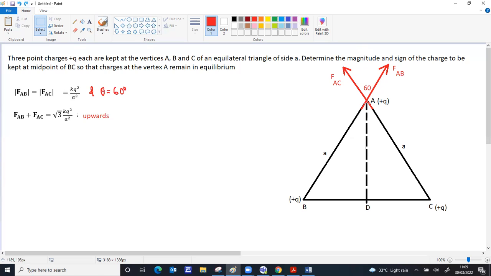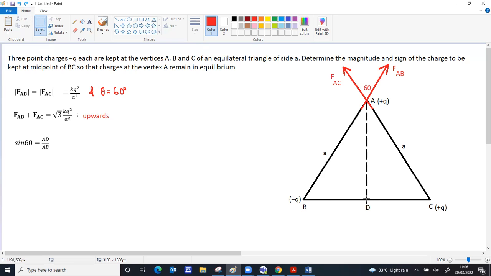Now, if charge at D is placed to cancel that force, there should be a downward force on A due to D. So you need to find AD for calculating that force. If this triangle ADB is taken, sine 60 is opposite side AD by hypotenuse AB.